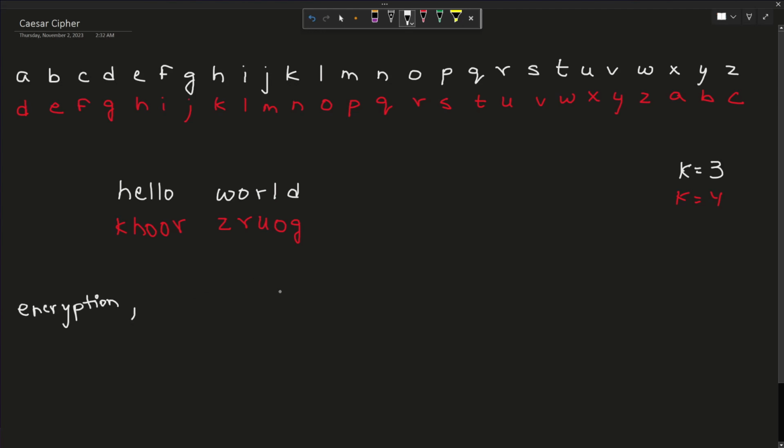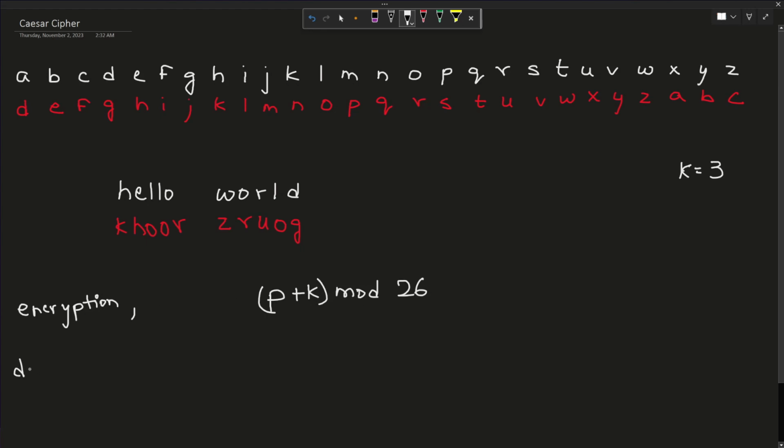The formula that we follow is P plus K mod 26, wherein K is our key, which we're taking as 3 in this scenario. And P is basically going to be the numeric value of the plain text alphabet that we are having. And then we're going to do mod 26.